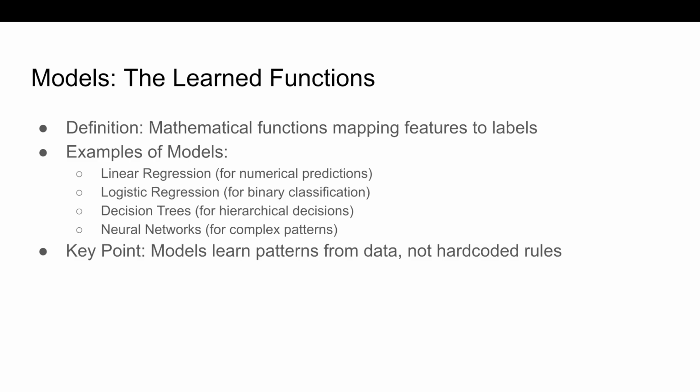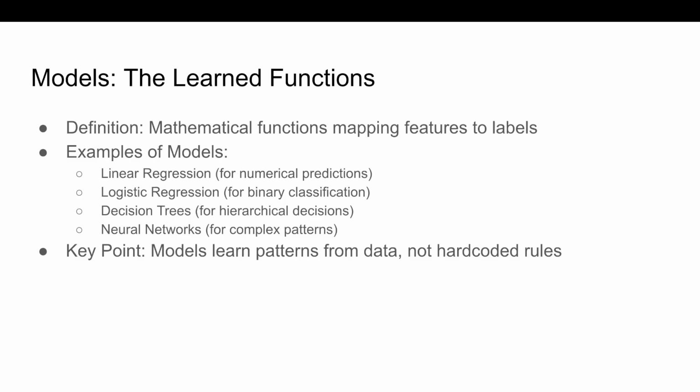Logistic regression, similar to linear regression, but used for binary classification problems where the output label is a categorical variable with two classes, like spam or not spam. Decision trees, a model that learns hierarchical decision rules based on input features to predict categorical or numeric labels. Decision trees are often used for tasks like medical diagnosis or credit risk assessment.